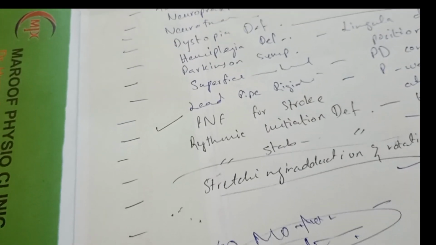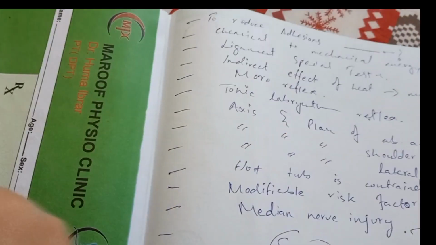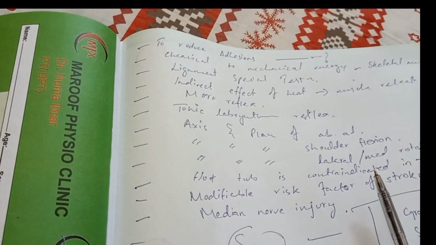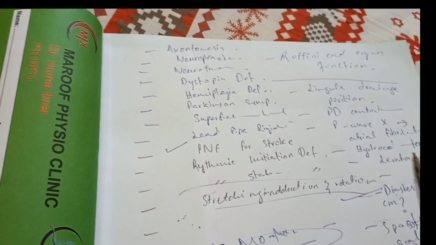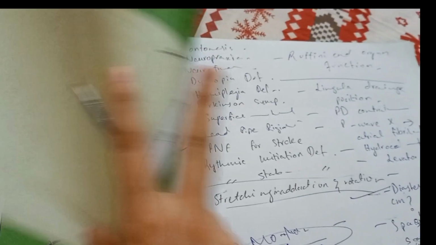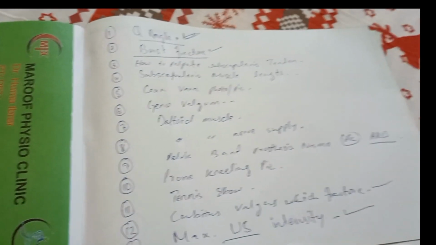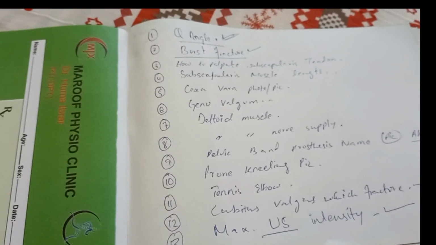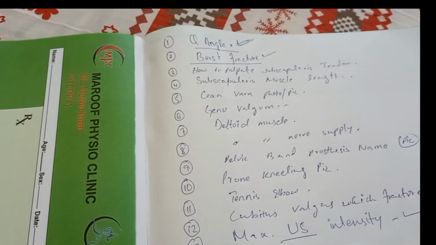Okay, listen to me carefully. This was difficult, to write each MCQ and then discuss with you all, while also holding my mobile phone. So sorry for the bad handwriting. So the first question was about Q angle, then burst fracture.